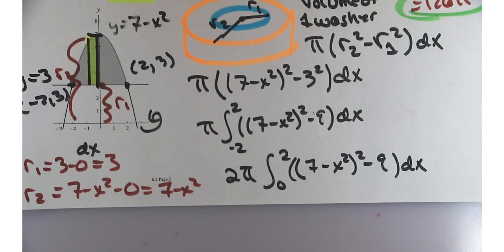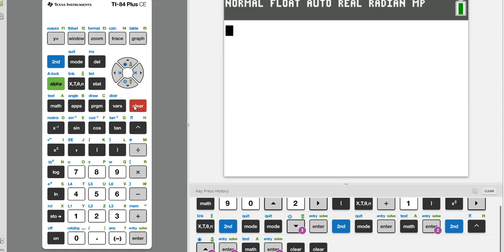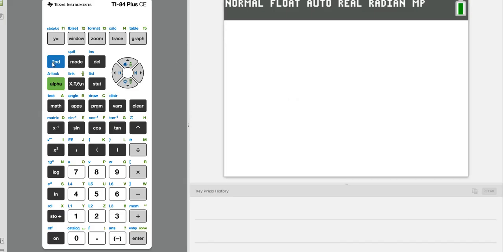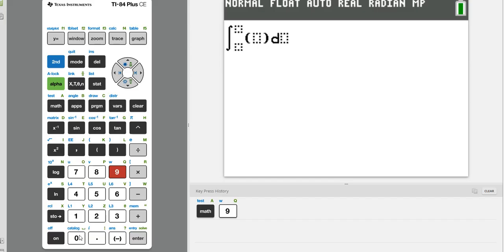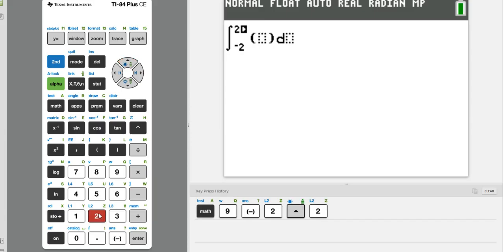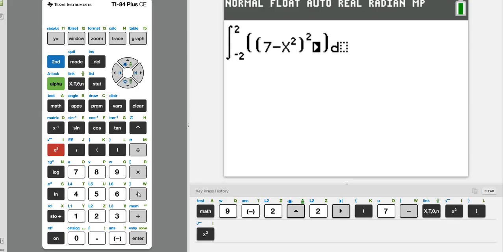So let's again kind of bail out and do a math 9 on this thing. I'm just going to plug it in without the fancy symmetric trick there. 7 minus x squared, squared again, minus 9, and of course dx.